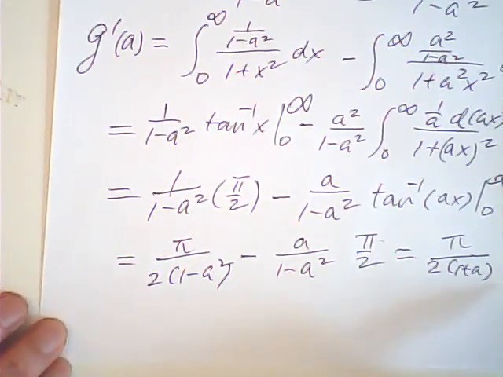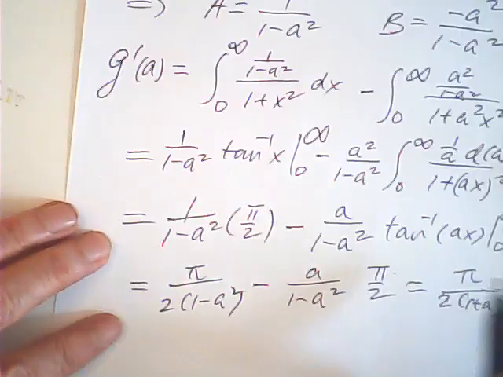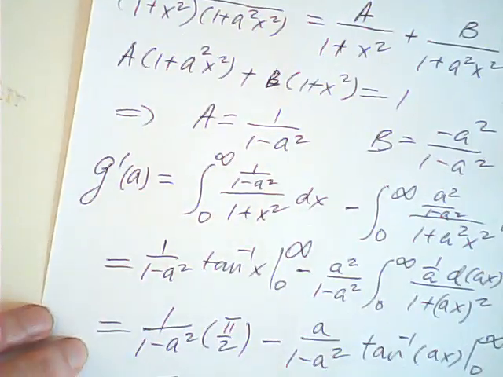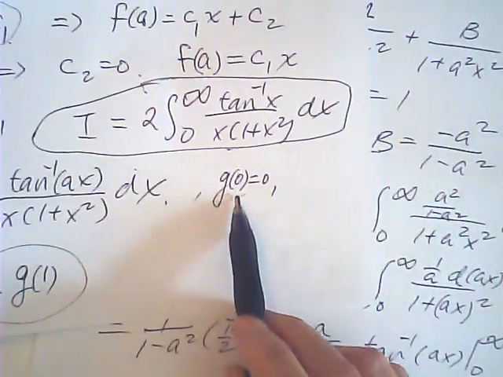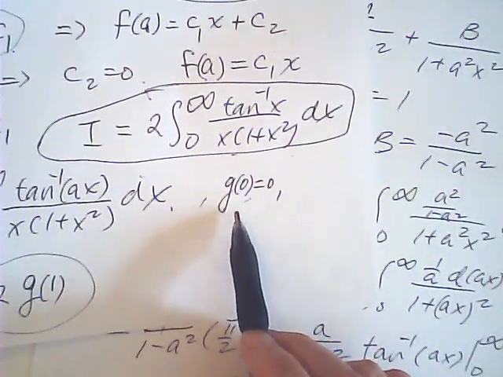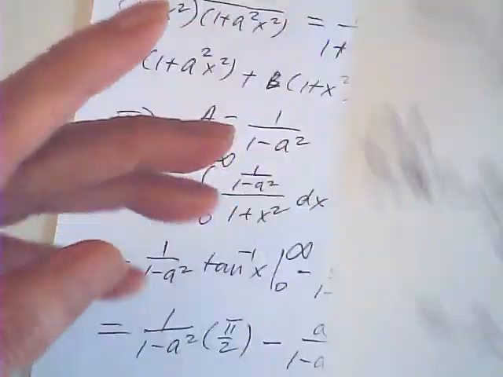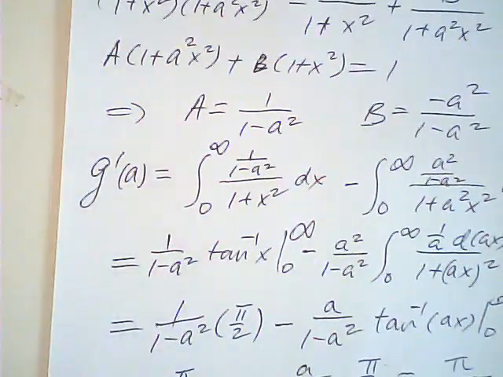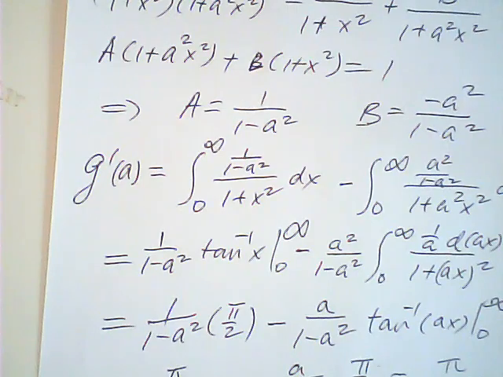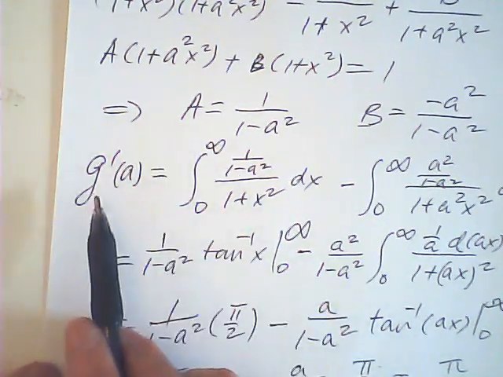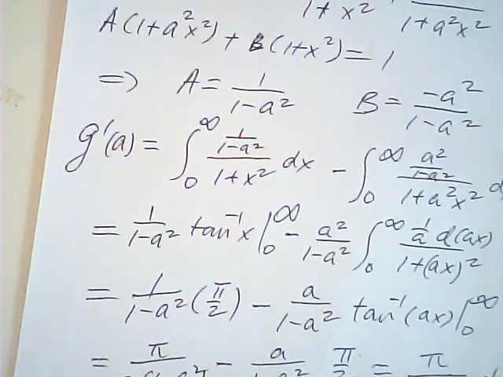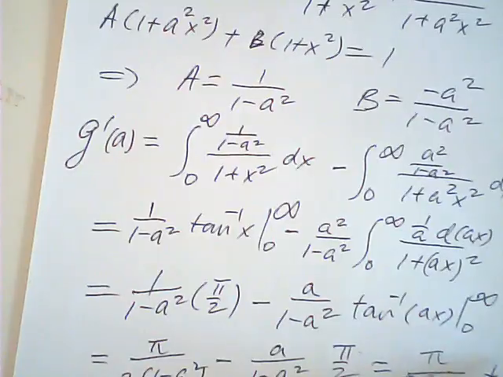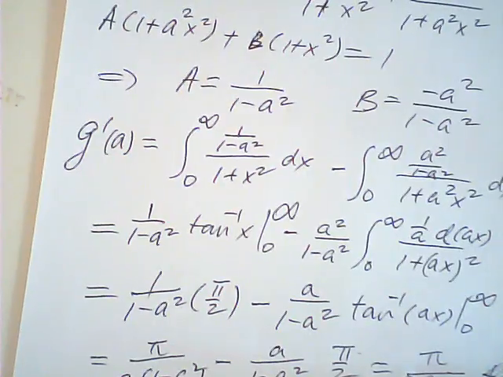Now, because g of 0 is 0. No, g prime of a is this. g prime of a is this, right? Yes, there's no C here. Okay, I'm sorry.